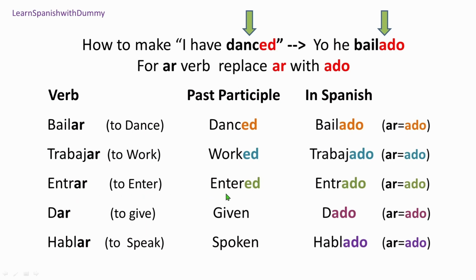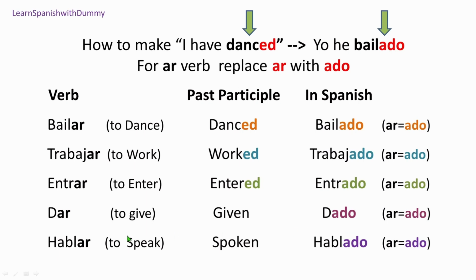We want to make it "entered." So remove AR, it makes entrado. Simple. We have the verb dar. Dar means to give. We want to make it "given," because we say I have given, we have given. So dar, remove the AR and replace with ADO: dado.